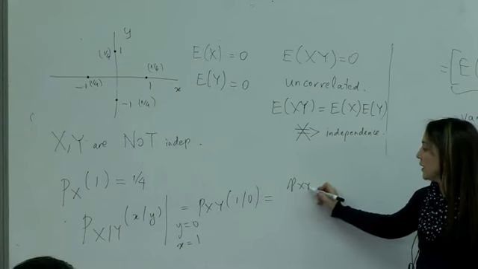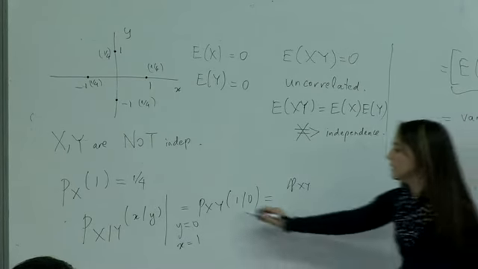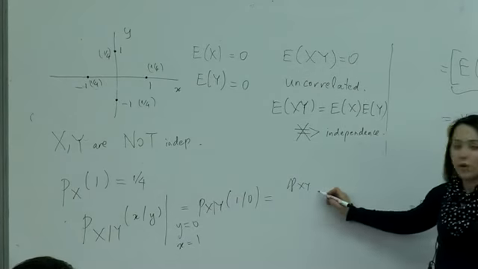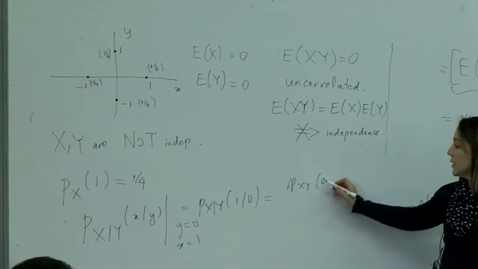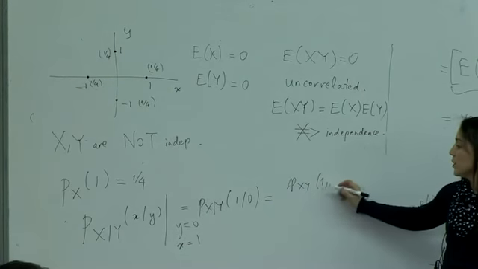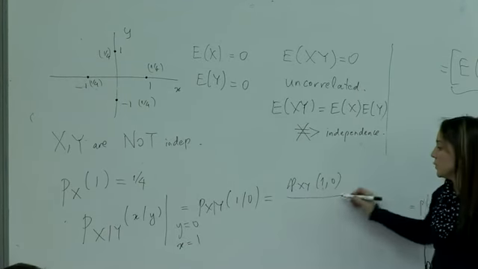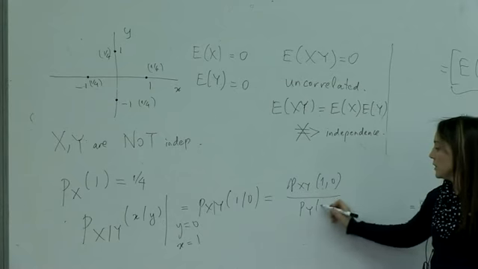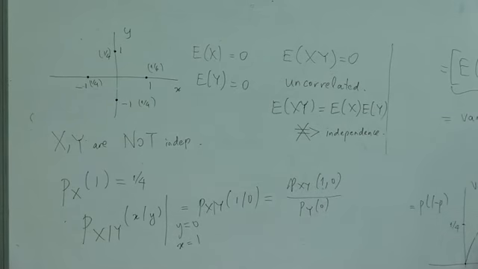If you want, let's compute this probability the long way. This is P x given y, x given y, I'm sorry. This is the joint PMF at 1, 0 divided by Py of 0. What is the probability that y is 0? Exactly, 1/2.